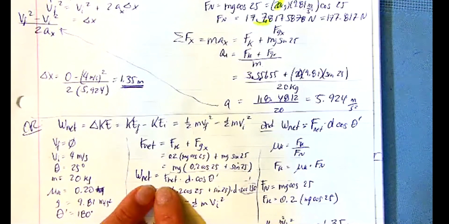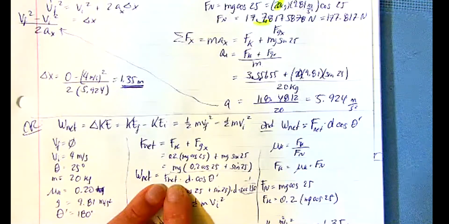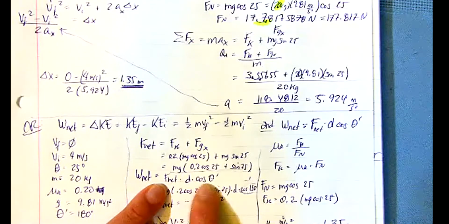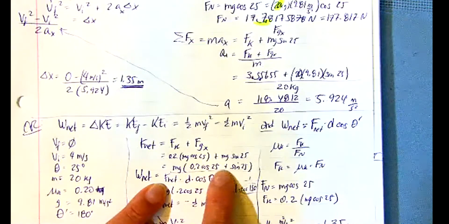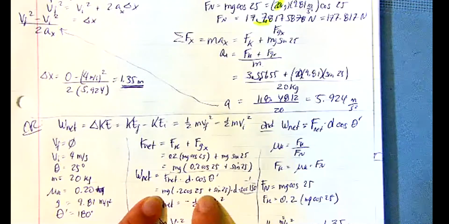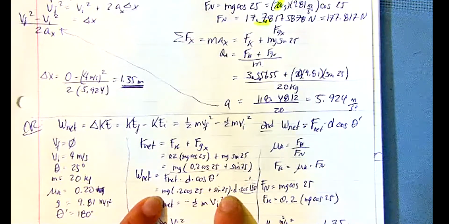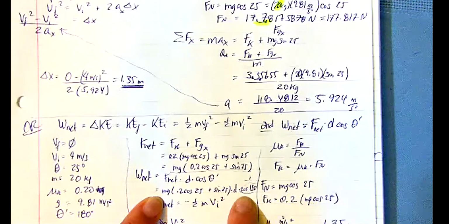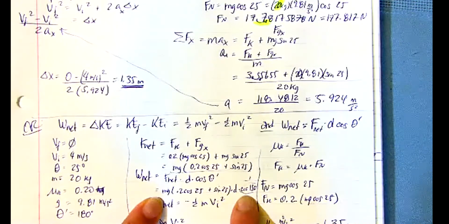And notice that the equation of work net is F net times d cosine theta. So the F net is all this thing we just came up with right there. All right, so there's my F net. That's my F net times the d, that's what we're after, times the cosine, which is really 180. From this part here, we're just going straight up. There's no angle, because from this perspective, you're just sliding up, you're going straight.